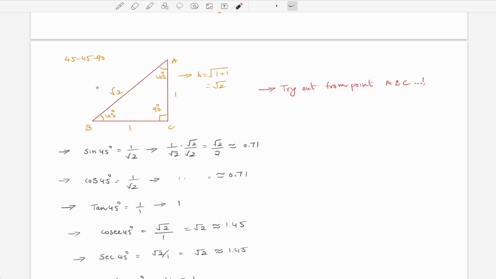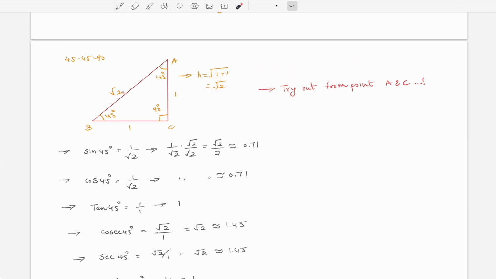I'm going to take two sides as 1 and 1, and the hypotenuse is root 2, using the Pythagoras theorem: h square is equal to opposite square plus adjacent square. 1 square plus 1 square is 1 plus 1, which becomes 2, so h square is equal to 2. Removing the square, h becomes root 2.